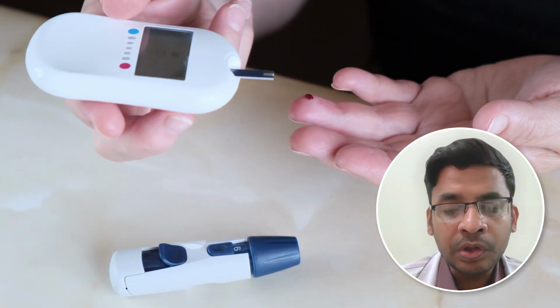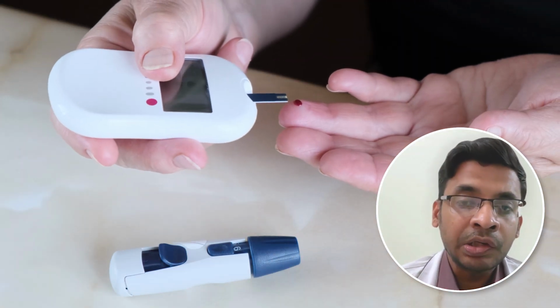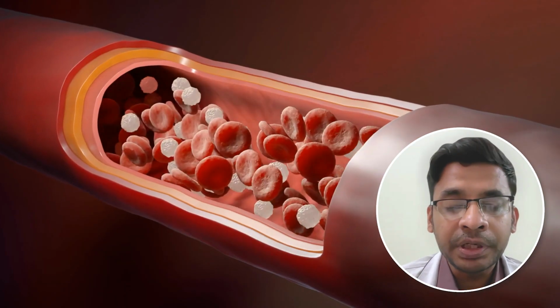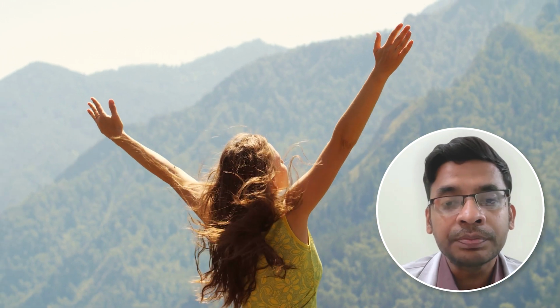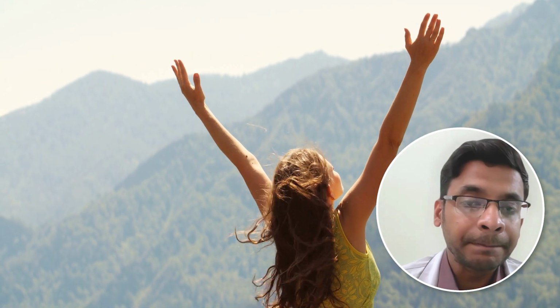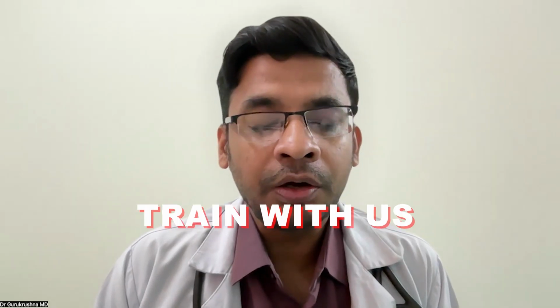All these problems can be solved if you act on prevention. If you can control your blood sugar in a natural, organic way, then you can prevent all these complications of the heart. You can take tailored yoga training or exercise training in our program.